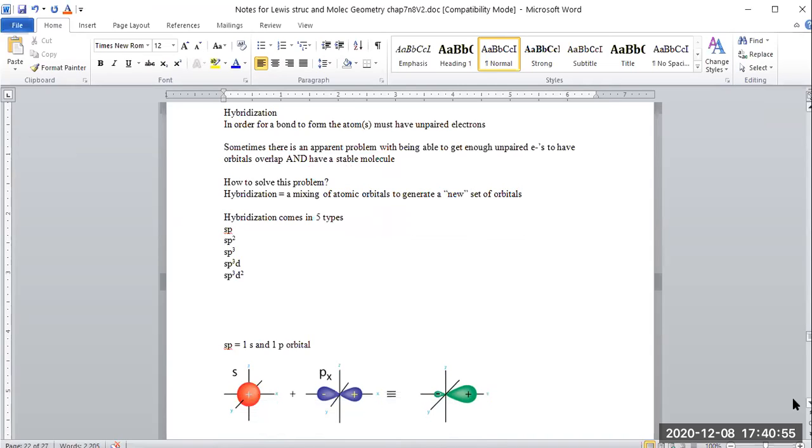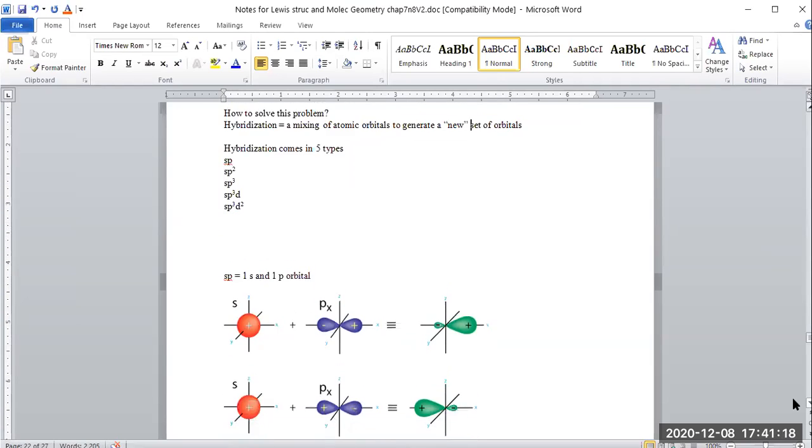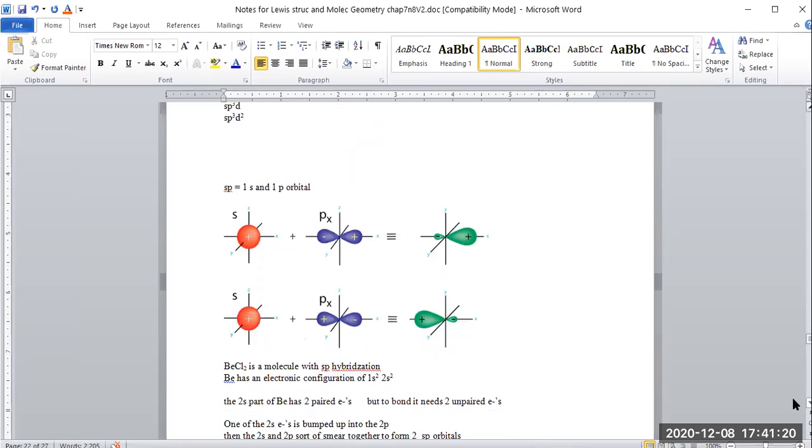We've got 5 little designations here: sp, sp2, sp3, there is no sp4, sp3d, and sp3d2. We're going to go through them, and I tried to put as many pictures as possible in the document so that you have a better idea of what these look like.